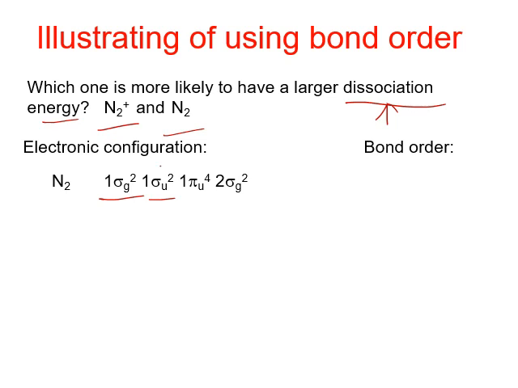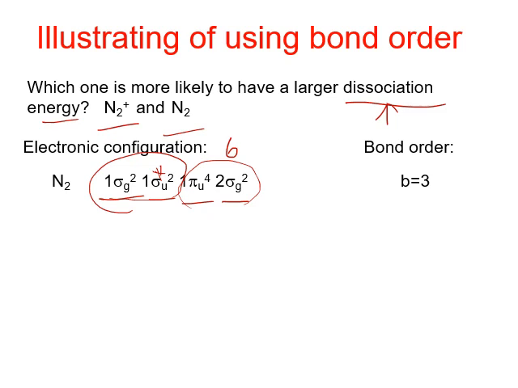Sigma u is anti-bonding, so these two cancel each other. And then 4 electrons in the 1 pi u, 2 electrons in the 2 sigma g. These are all bonding molecular orbitals. So the more electrons in the bonding molecular orbitals, the more stable the molecule is. The more electrons in the anti-bonding molecular orbitals, the more unstable the molecule is. So we calculate the bond order is 3, because here 6 divided by 2, and that's 3 bonds.